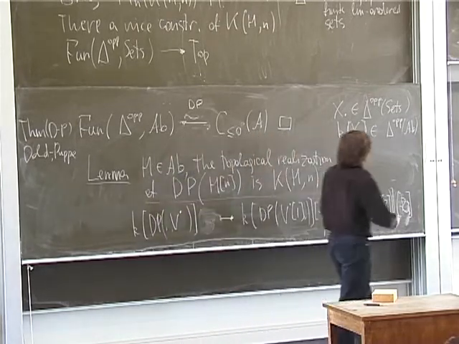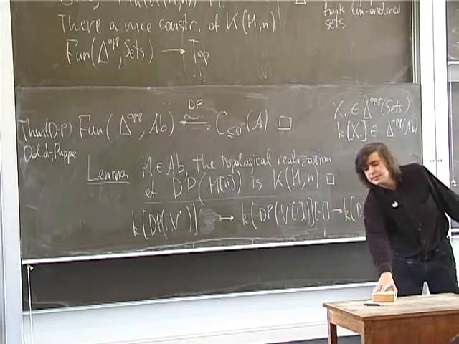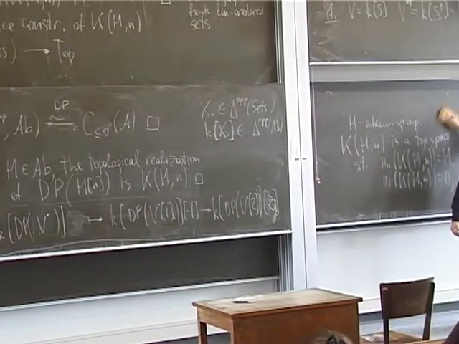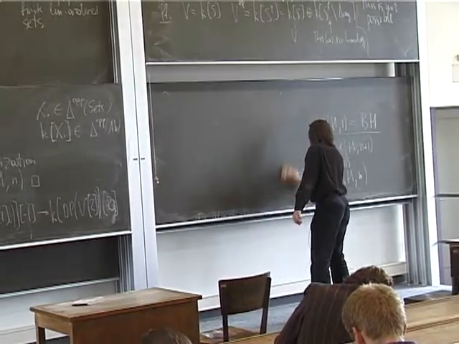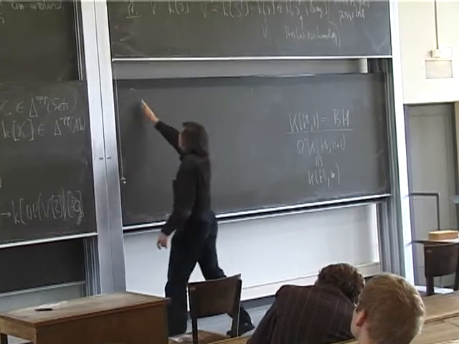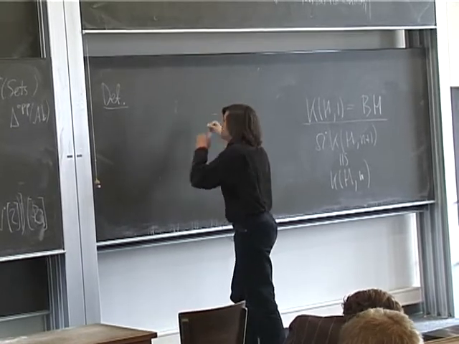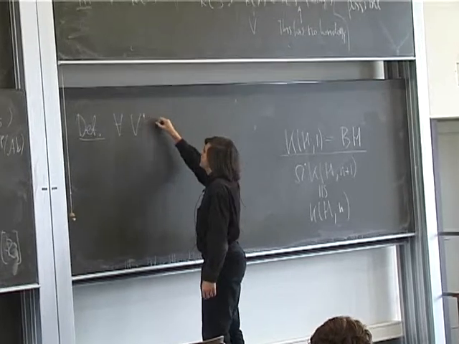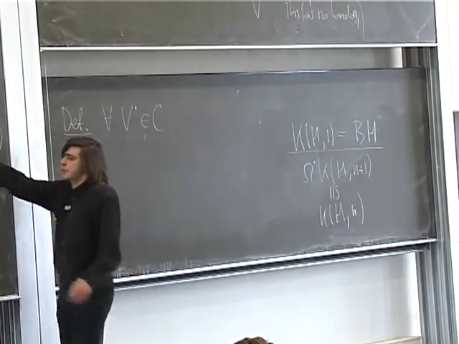And this limit is what I want to denote by ST. So definition. For any complex, well, or abelian groups or vector spaces or whatever.